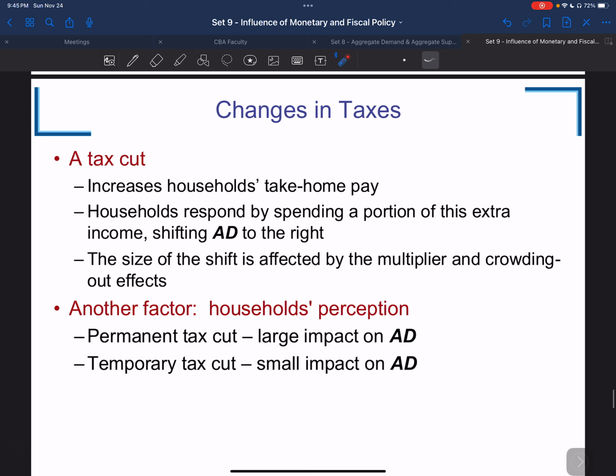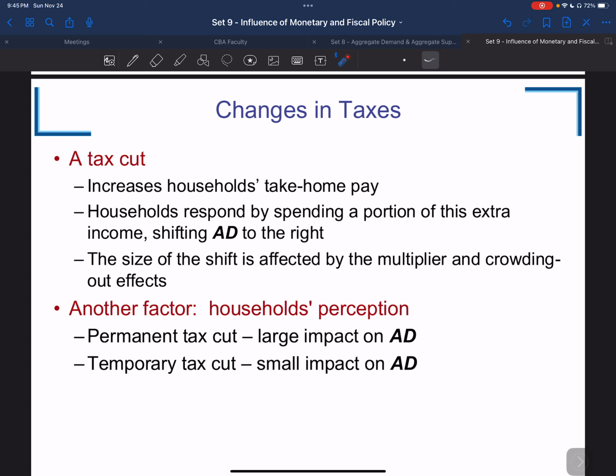Okay, now let's look at the changes in the tax. Sometimes we might experience a tax cut. Sometimes the government decides to cut the taxes for specific groups, and it will increase the household's take-home pay. So when you are paid an amount of money, part of it is paid as a tax on the salary, income tax.